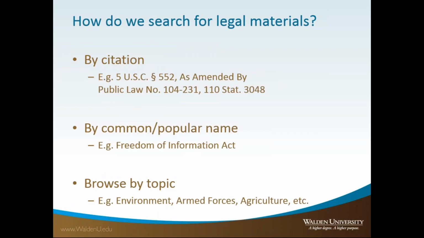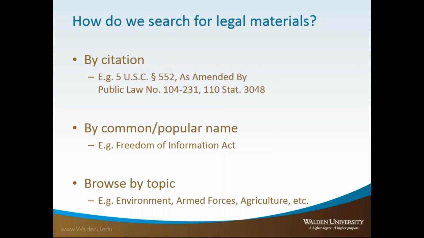Okay, so how do we go about searching for policy materials or legal materials? There are three main ways. The first is by citation. A lot of times people don't have the citation, and that's fine, especially if you're just beginning your research.